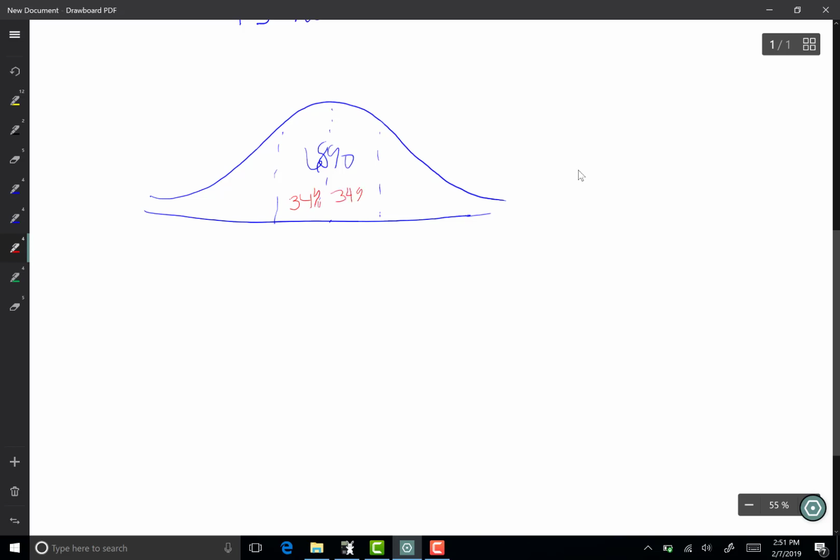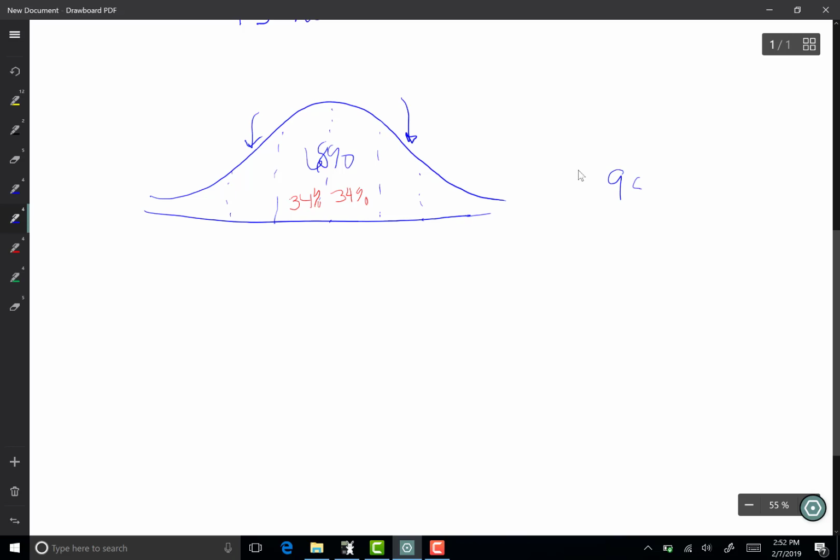Let me go with the new picture here for you. Again, the empirical rule says 68% are within 1 standard deviation, right? So therefore we know that this is 34% and this little block here is 34%. If we know that 95% lie within 2 standard deviations, then we can also figure out these little sections here.